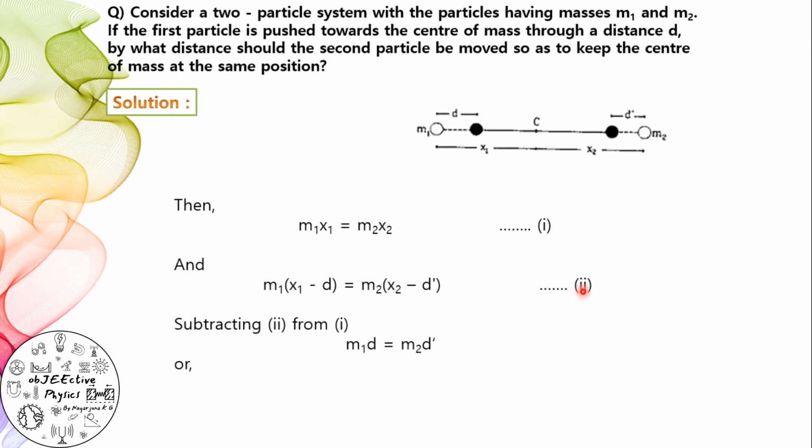Let us call it equation 2. Subtracting equation 2 from 1, we get m1 into d is equal to m2 into d dash, so d dash, the distance moved by m2 to maintain the center of mass at C, is equal to m1 by m2 into d. Next question.